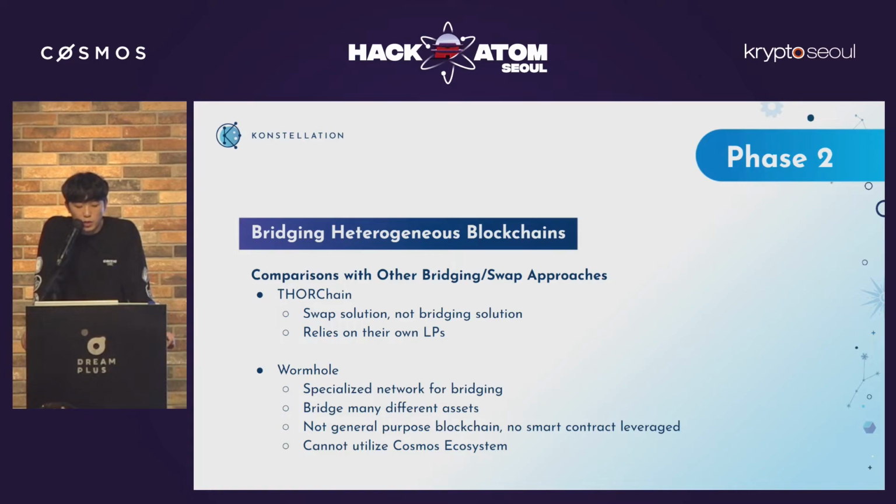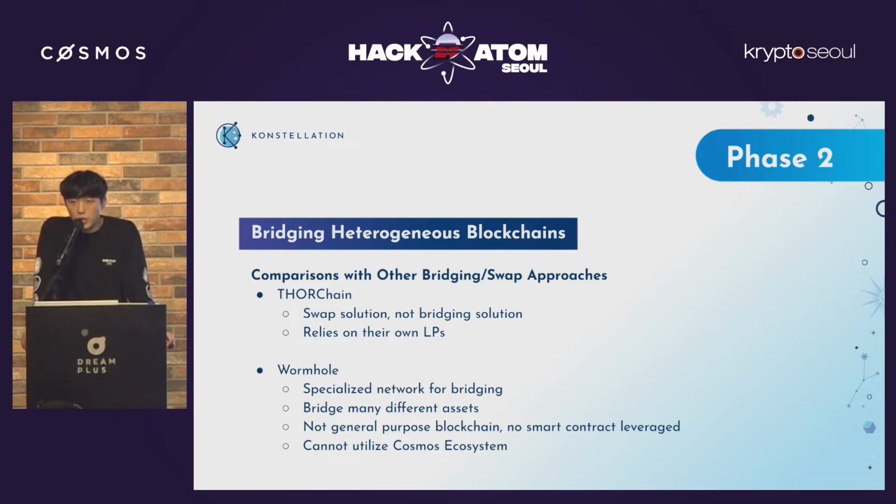Thorchain mostly focuses on swap and AMM logic between different networks, and it has its own AMM liquidity pools, which makes their native token, RUNE, more attractive in a way. But at the same time, they are not utilizing the largest liquidity of each blockchain, such as the one in Uniswap. In our case, we can simply rely on each blockchain's largest liquidity pools.